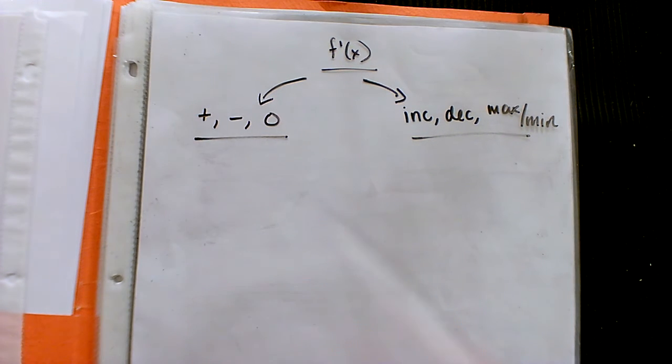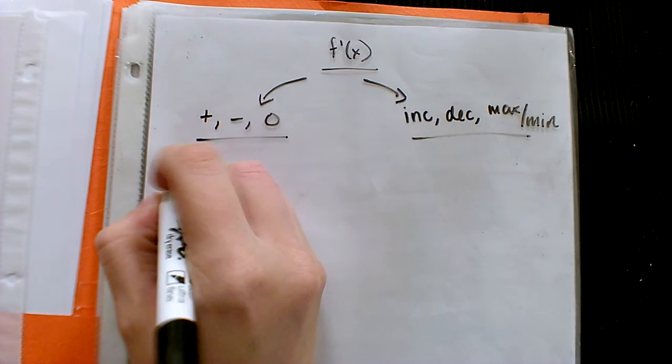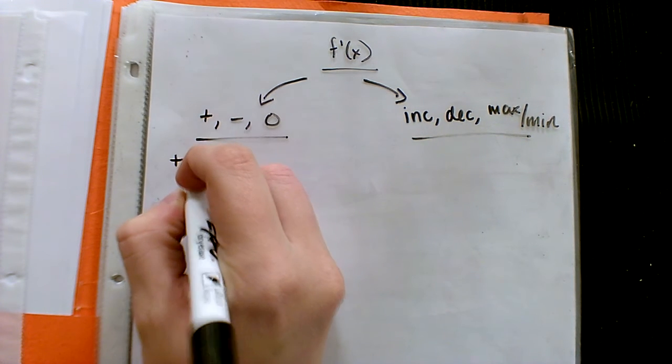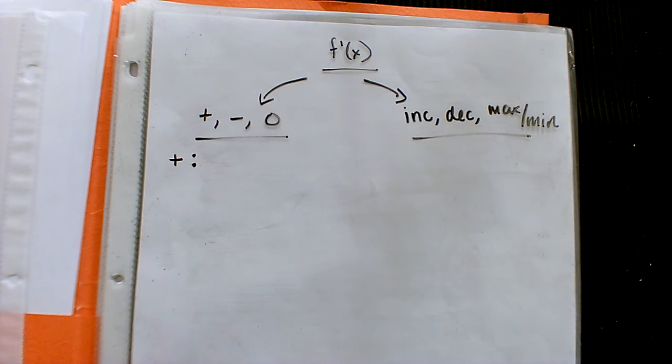All right. What if the first derivative is positive? What can we conclude either about f of x, the original function, or the second derivative, if we have a connection there? Yeah?